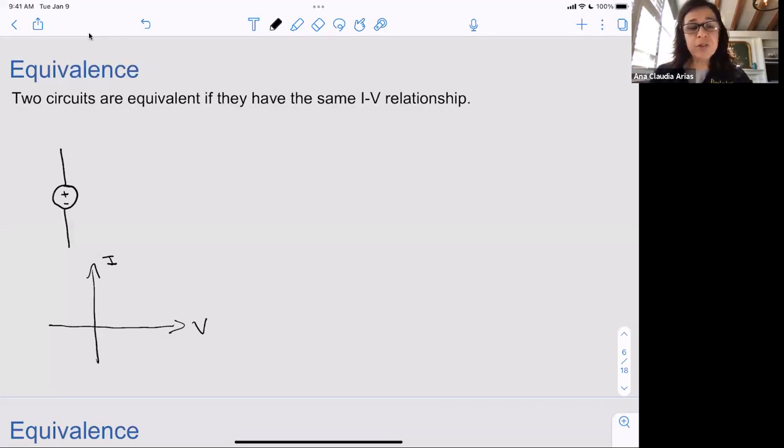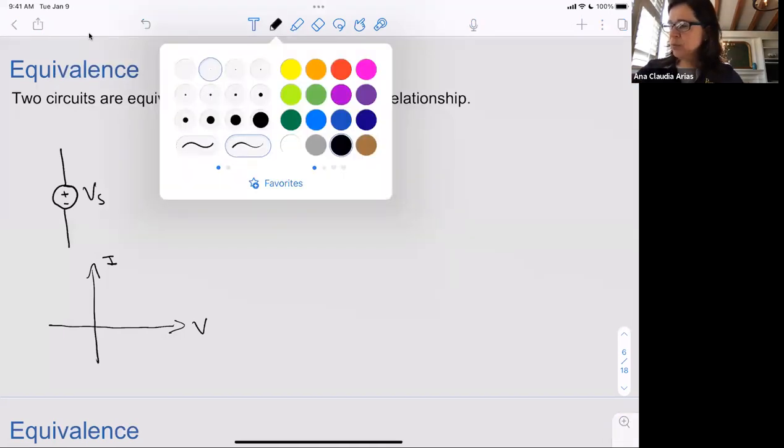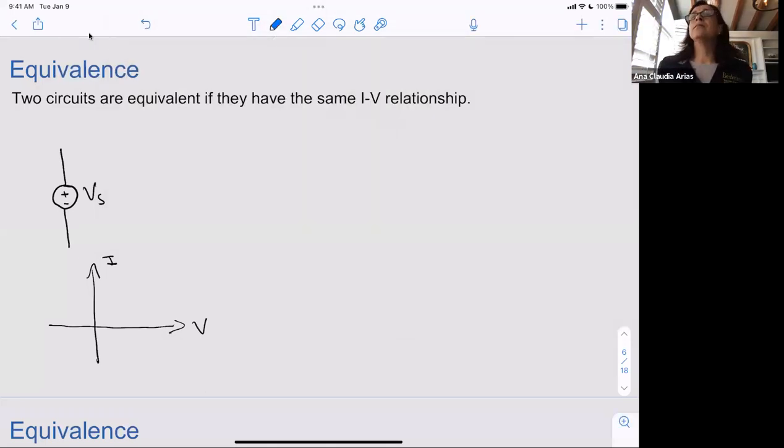If we were to draw the IV characteristics for a voltage source that is giving us a set voltage of Vs, how would my plot look? A vertical line. Thank you, Omar. That's right, a vertical line. And right here where it crosses V, we have Vs, right?